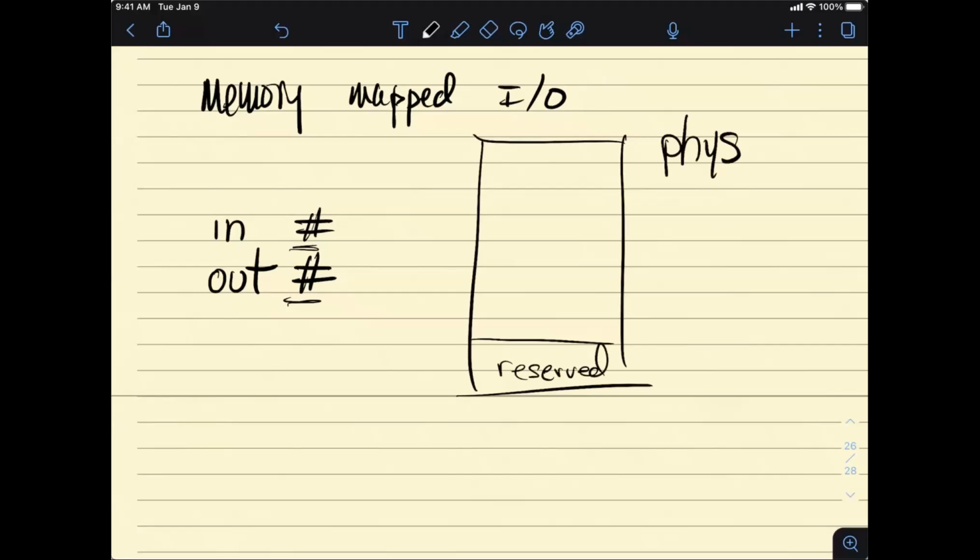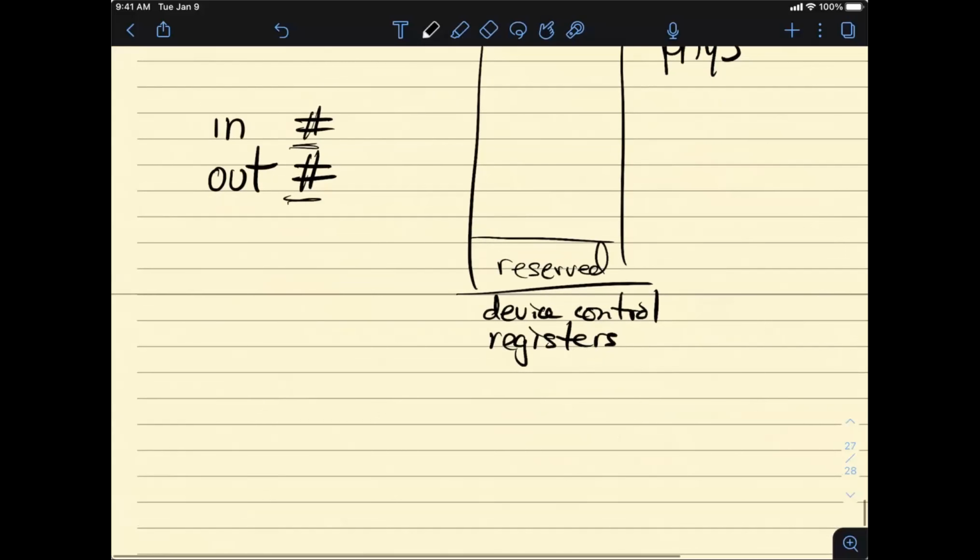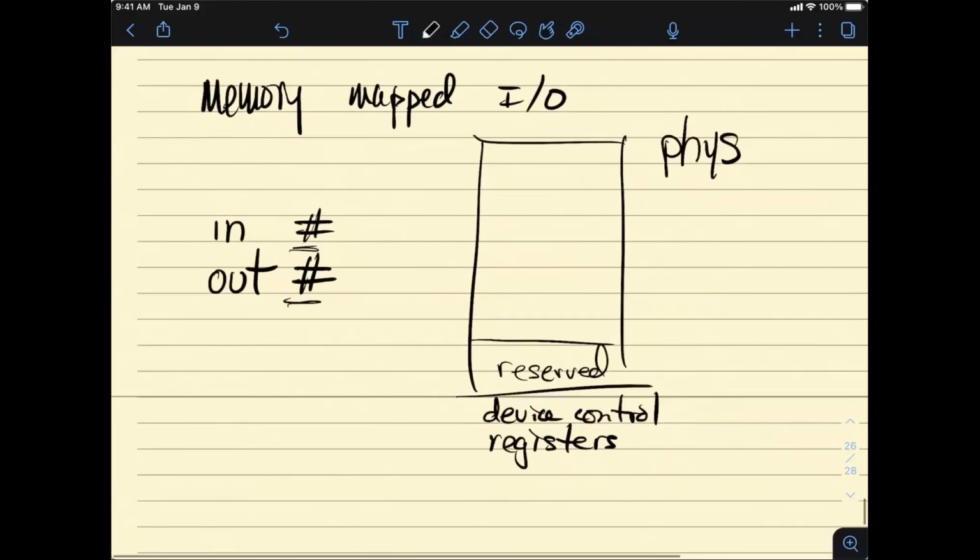It would be reserved for the device control registers. Now, the word register, don't be confused. That doesn't mean it's a CPU register. It means that it is something like a CPU register, only it exists on another piece of hardware. And that's essentially it.